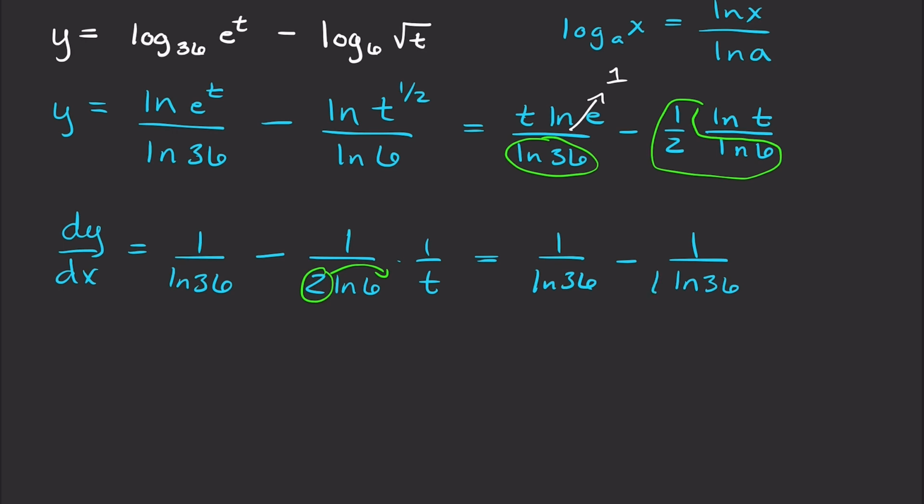Okay, and then I have my t out front. So now I can multiply by t over t to get a common denominator. Then once I do that, I'll have t minus 1 over t ln of 36.